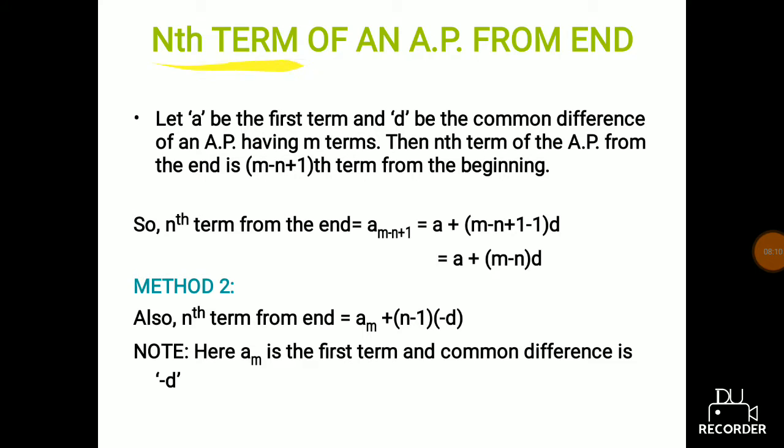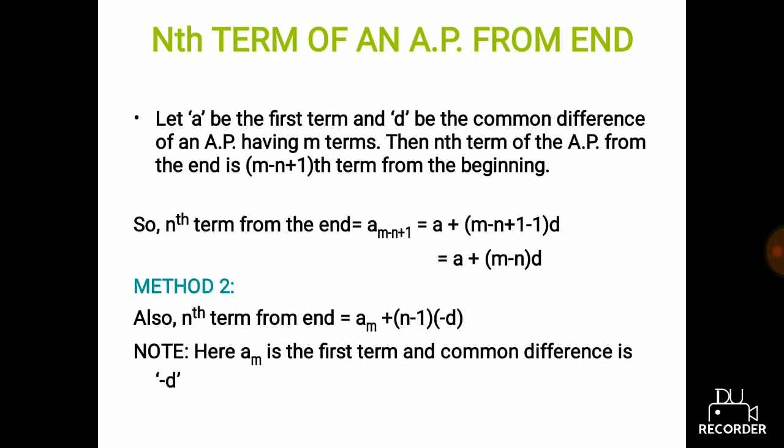Our next topic: nth term of an AP from the end. The previous topic was the nth term of the AP from the beginning. Let a be the first term and d be the common difference of an AP having m terms. The nth term of an AP from the end is the (m minus n plus 1)th term from the beginning. So the number of terms in this AP is m, and the nth term from the end is the (m minus n plus 1)th term from the beginning.